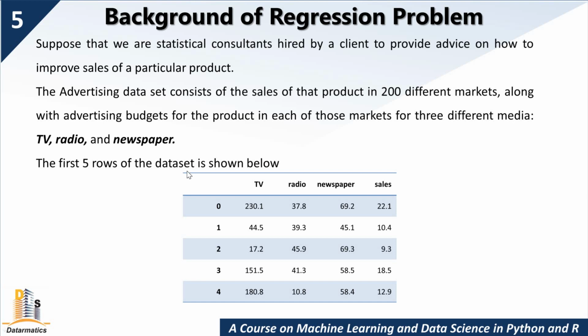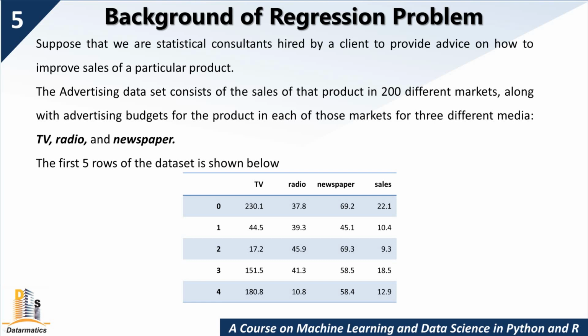What it means is that you have this data set and they are spending this much, 230.1 units on TV adverts. They want to spend 37.8 units on radio adverts, and they want to spend 69.2 units on newspaper adverts, whatever these units are. And the sales increase is 22.1 units, okay?